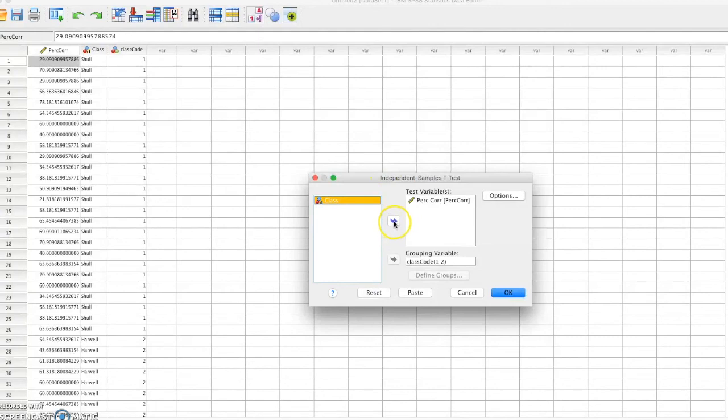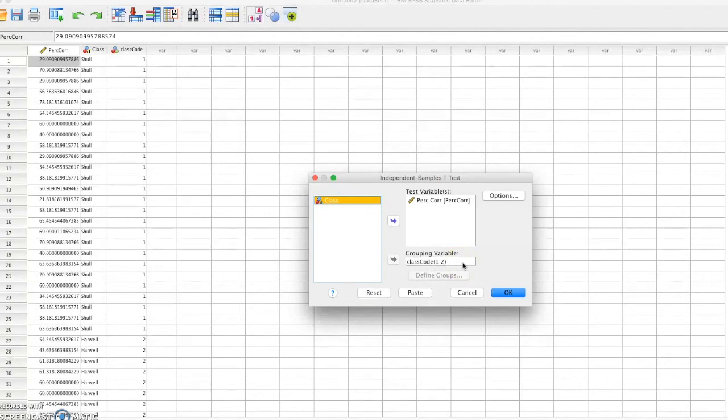When you click on that, you'll get this dialog box and you'll need to move over into the test variable column whatever it is that you're trying to test. In our case, this is the percentage correct. And down in the grouping variable, you're going to put how you're deciding your groups.